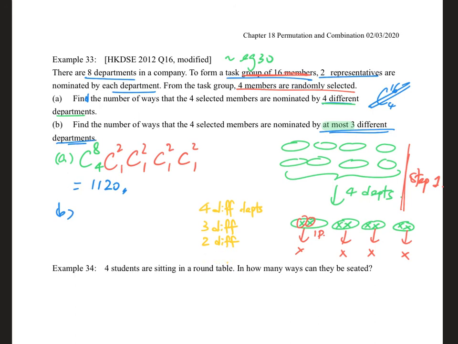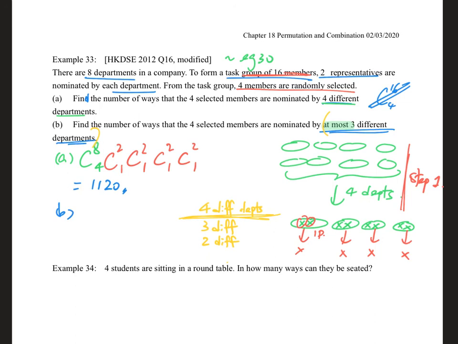So this is the overall situation of considering the members and the different cases of where they come from. And then when you talk about at most 3 different departments, this is the case. So they may be coming from 3 different departments and 2 different departments.